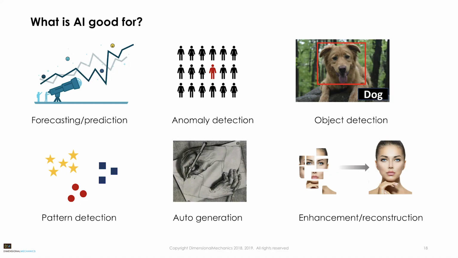And then enhancement or reconstruction. For example, this could be upsampling, essentially telling a system how to go from a 2K image to a 4K image. An AI can determine those gaps and construct a higher resolution image based on that. It can also construct a more complete picture from partial information.